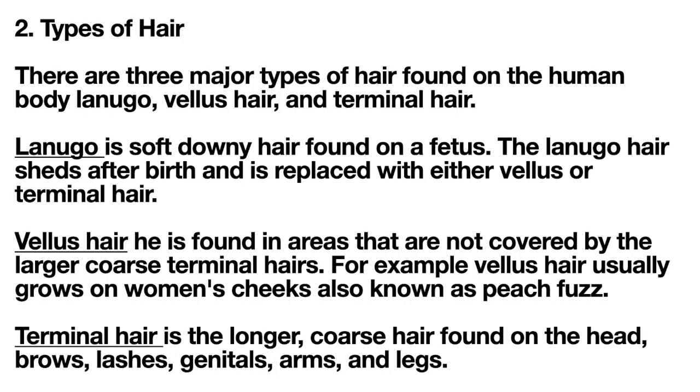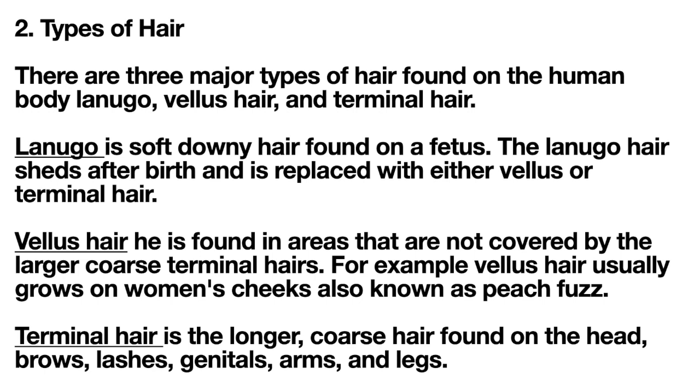Types of hair. There are three major types of hair found on the human body: Lanugo, Vellus hair, and terminal hair. Lanugo is soft, downy hair found on a fetus. The Lanugo hair sheds after birth, and it is then replaced with either vellus hair or terminal hair.